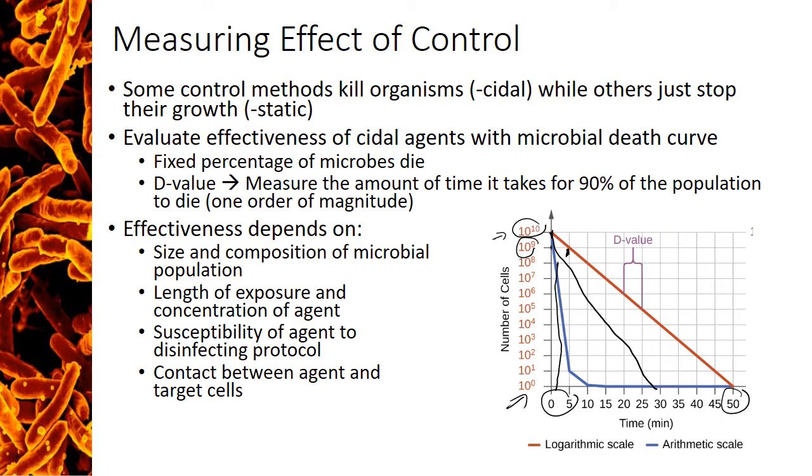And then you also need to have contact between the agent, so whatever you're using to control, and the target cell. If they're not physically in contact, then whatever you're using can't kill the cell itself. This is really important in healthcare.